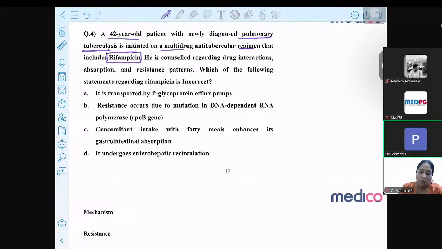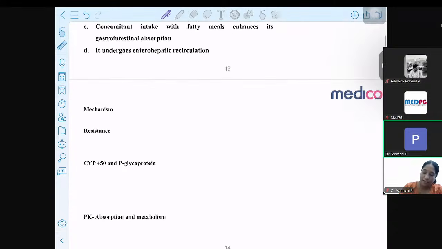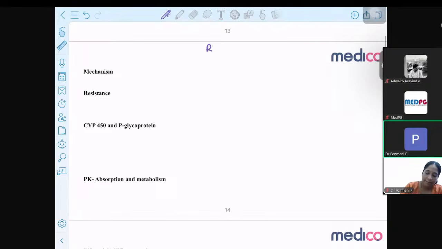He is counseled regarding drug interactions, absorption, and resistance patterns. What they are asking is, which statement regarding rifampicin is incorrect? So we need to pick the incorrect option. Before that, we need to look at some important facts about rifampicin.